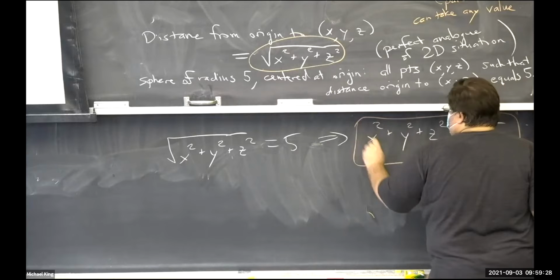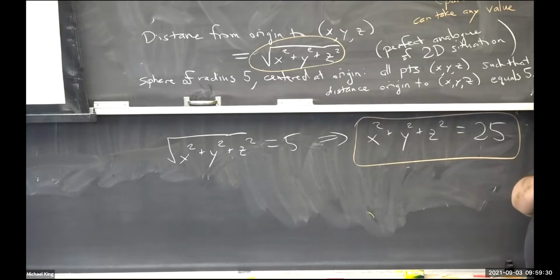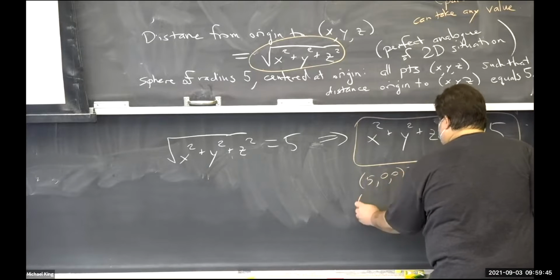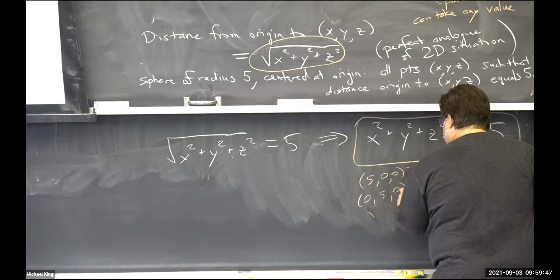And again, this is analogous to a circle. If you remember, the circle of radius 5 at the origin in 2 dimensions is x squared plus y squared equals 25, so x squared plus y squared equals r squared. You can check yourself that 5, 0, 0 satisfies this, and 0, 5, 0.